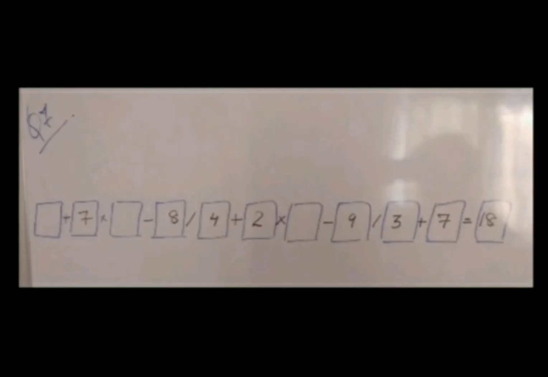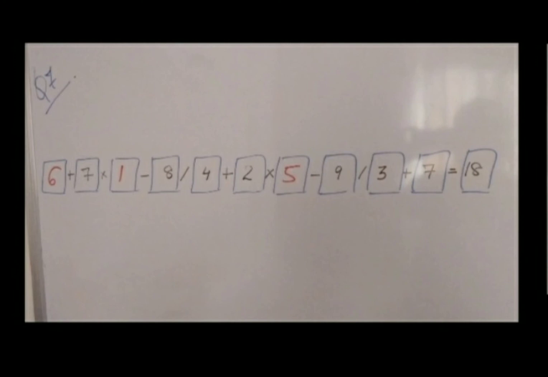Then we have these kind of questions where we need to find the digits and fill the digits in the boxes to complete the equation. This is a calculation based question. I will just show you the answers. We just need to calculate what comes when added. For example, 6 added to 7 into 1 minus 8 divided by 4.